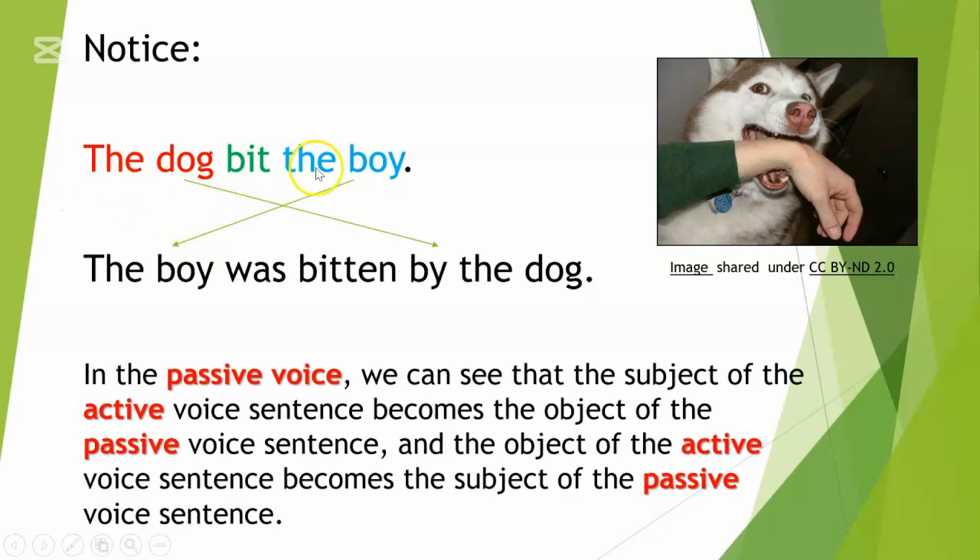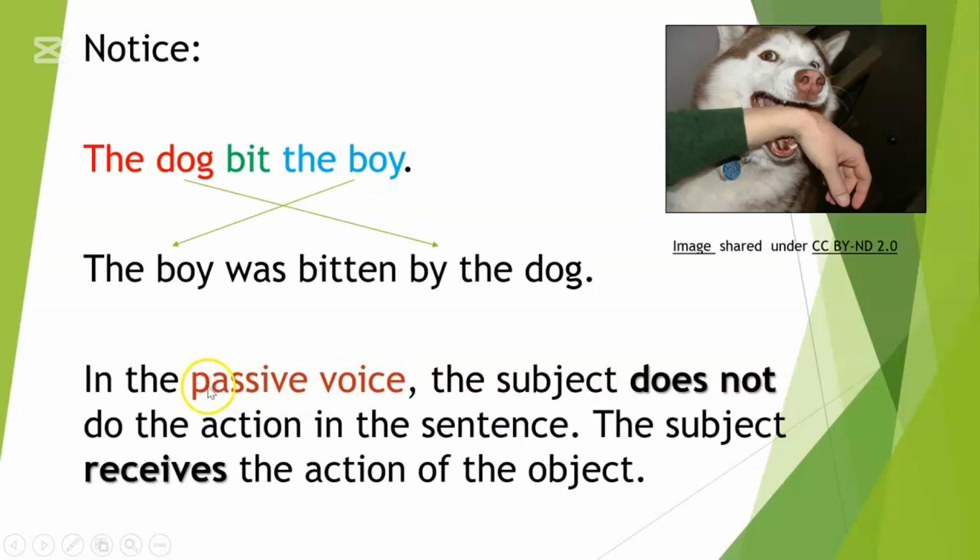So again, this is the active sentence, this is passive, and we can see that the subject here becomes the object over here, and the object of the active voice becomes the subject of the passive voice.